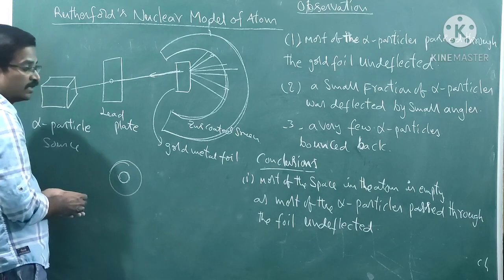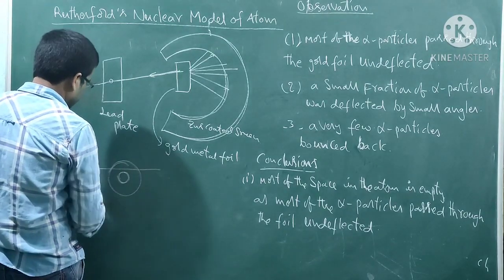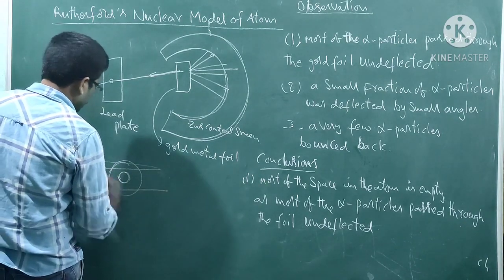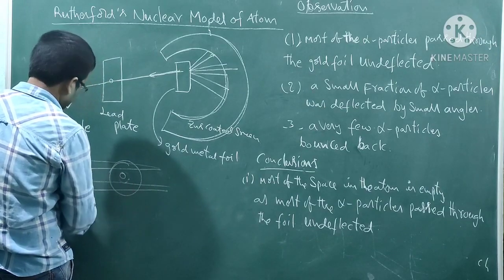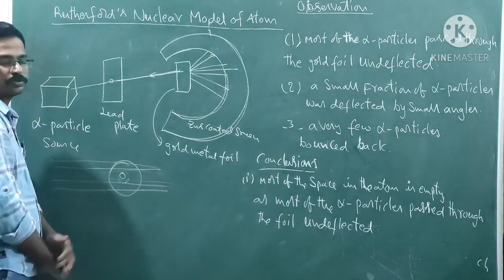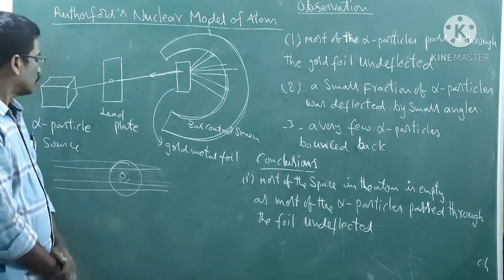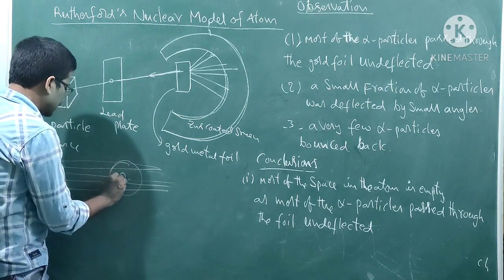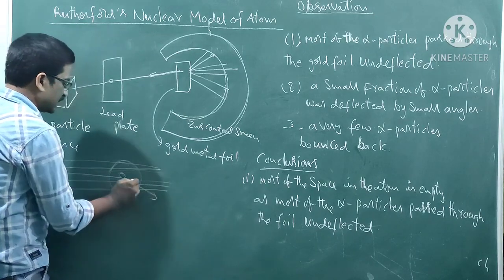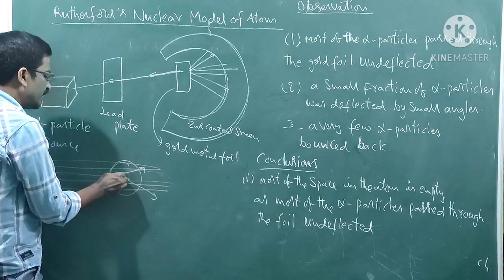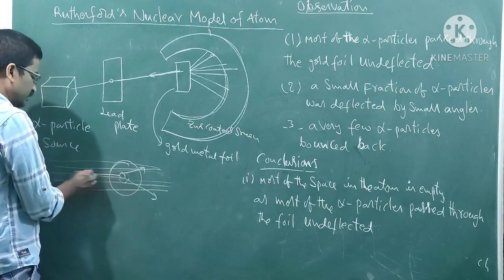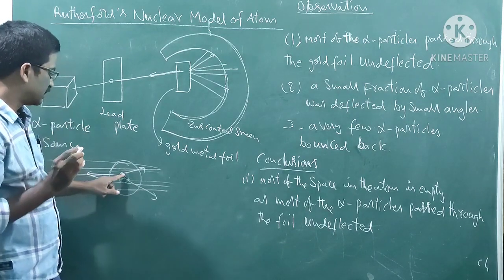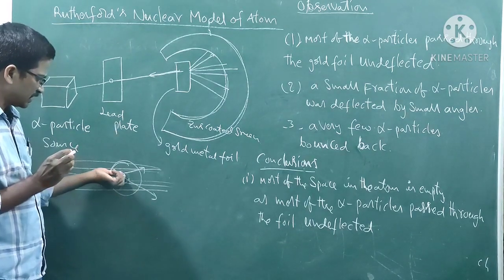That is the reason why so many rays pass through without any deflection, because most of the space is empty. Whenever a ray goes in this direction, only some of them are deflected like this. Only very few bounce back, because the nucleus is concentrated in a small area.